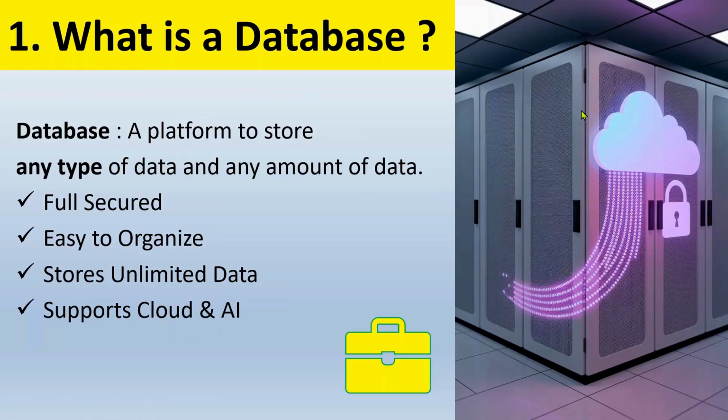I repeat, a database is a platform to store huge volumes of data, any type of data. QR codes, barcodes, social media, healthcare, FMCG, retail, e-commerce, banking, any data, we need a database.